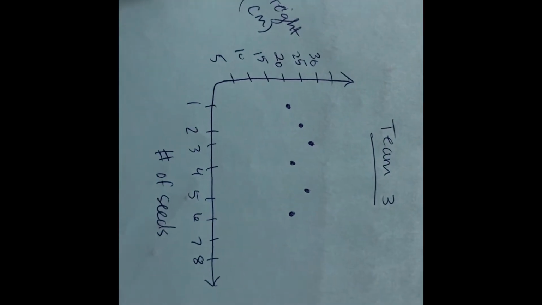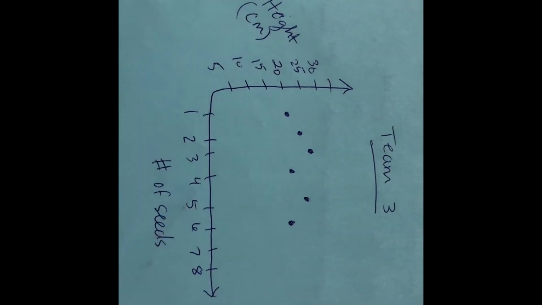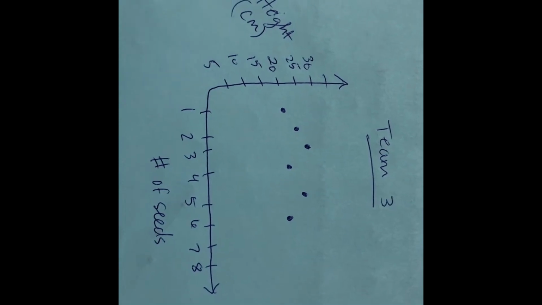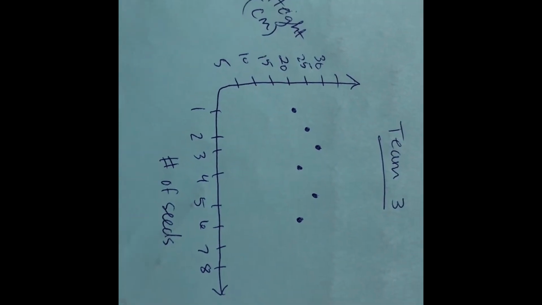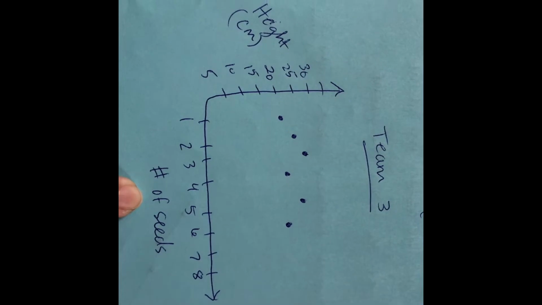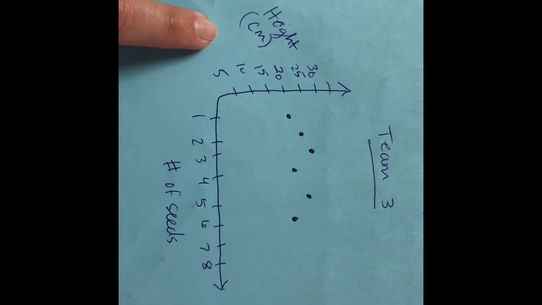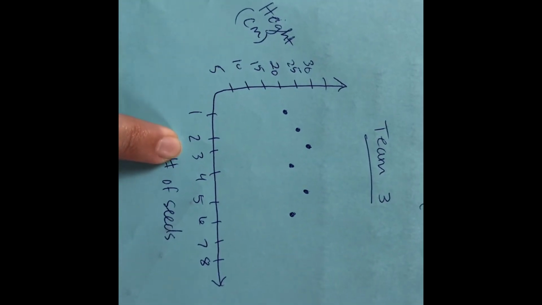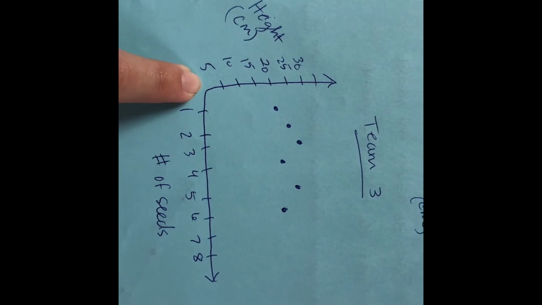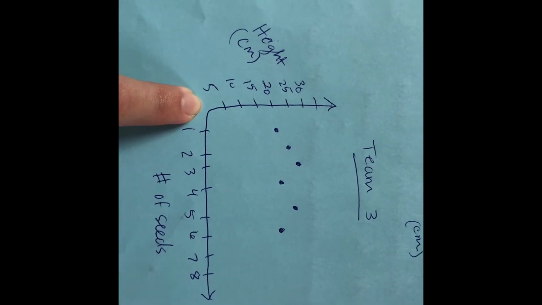Okay, for team 3, it said, does the number of seeds in each pot affect the plant height? And I put number of seeds as my x, height is my y. I did the bottom by 1s, and then I did the height by 5s this time, because it made sense with the table.